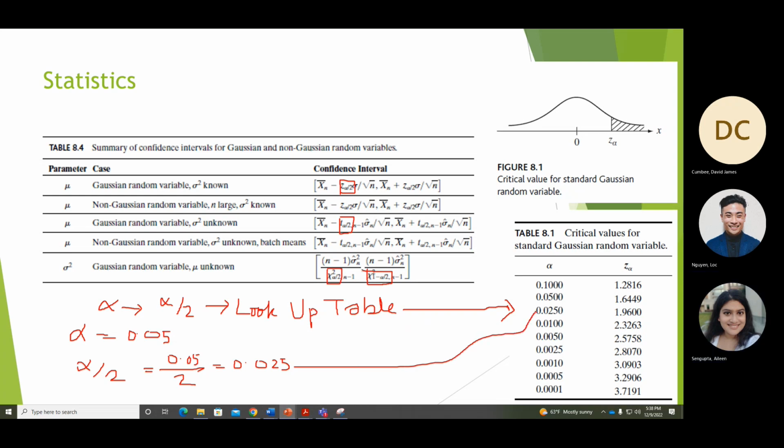Is this the value? Yeah, this is the value. So you look up this number first, and this is the value that you take.